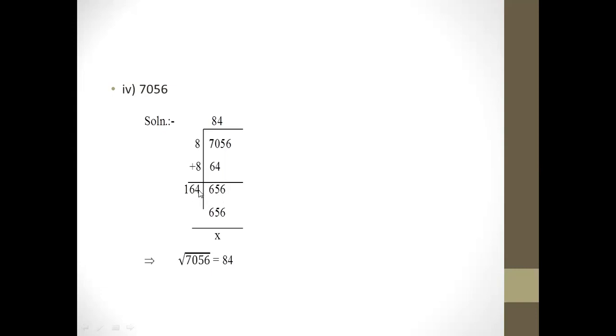Then 163 multiplied by 3, again less. Then 164 multiplied by 4, you will get 656. So 84 is the answer. So remember, when you find the square root by division, the same number multiplied by itself is used to find the number which completely divides by the pair.